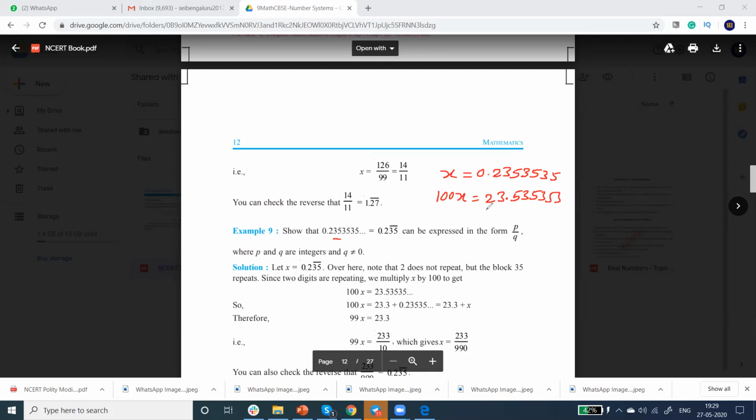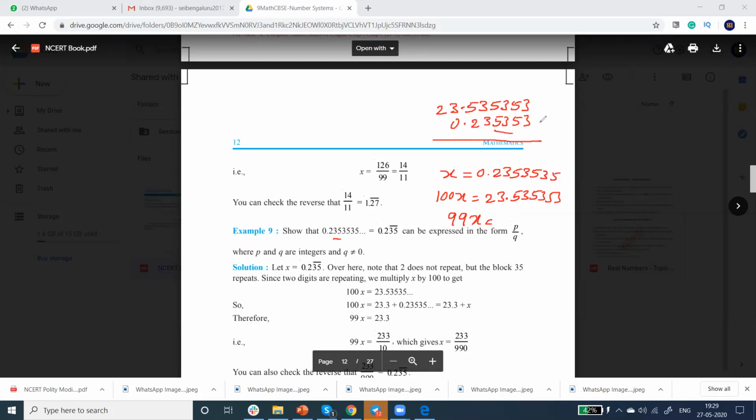Now 100x minus x, that is 99x, equals 23.535353 minus 0.235353.